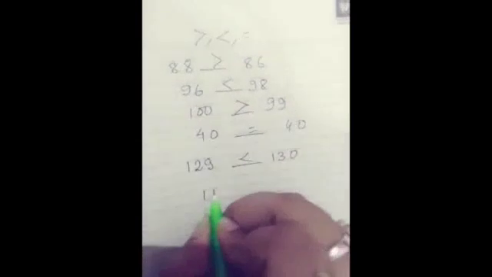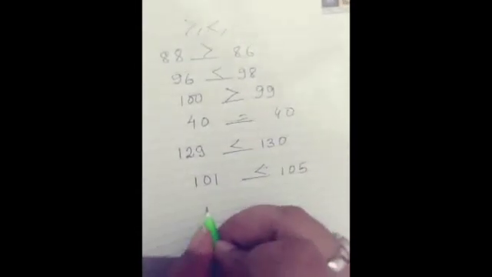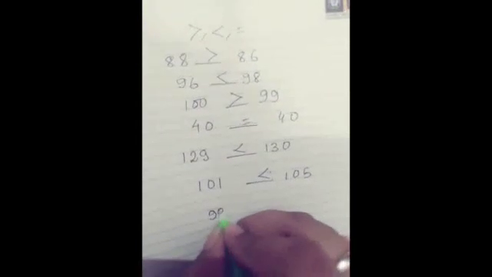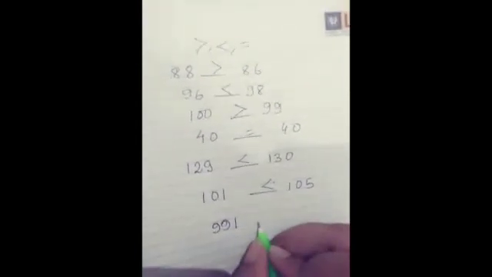If you want to do it for 3 digits, see, 129, you can do it like this, lesser. You can also do like this, 101 and 105, that means lesser. We can take 991 and 995, that means it's lesser.